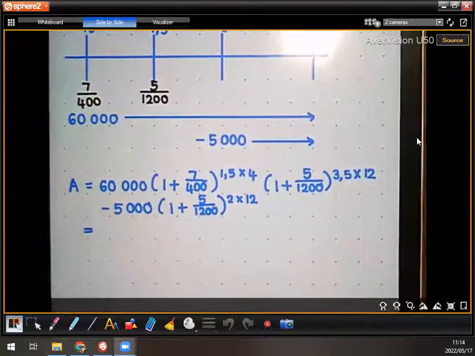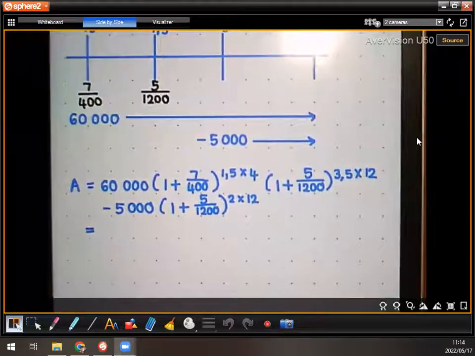And then you're going to type that into the calculator, and that is your answer. Make sure that you are minusing, right? Sometimes you get so into the habit of plussing that you might put a plus instead of a minus.